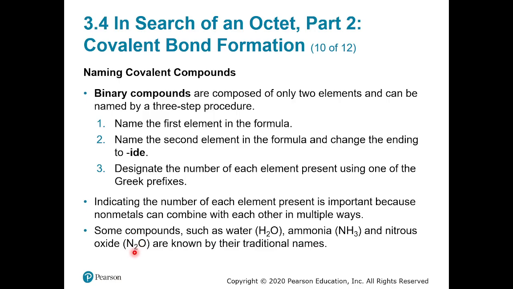Nitrous oxide is N2O. They should be doing a di here for 2. They don't. They just say nitrous instead. If you were actually to name them according to the rules I just presented, water would actually be dinitrogen monoxide.